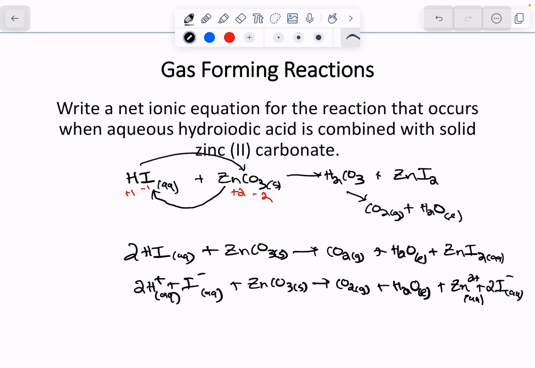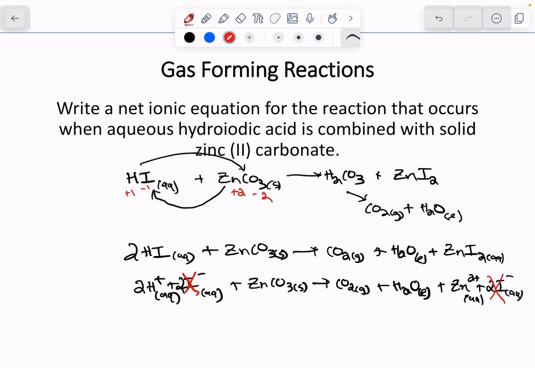Last step is to remove any spectators. Oops, I made one mistake. This should be 2I minus, yes. Now what we're going to do is remove the spectators. You see that you have a 2I minus here and a 2I minus here.